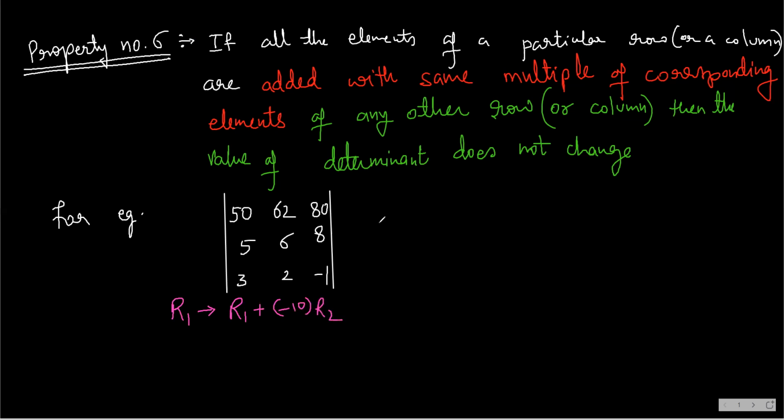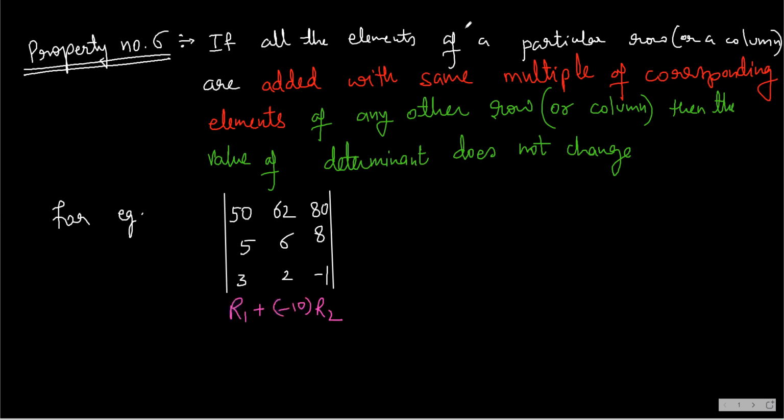See, what am I going to do? Just understand this. I'm going to add with all the elements of R1 minus 10 times the elements of R2. Yes, you heard me right.